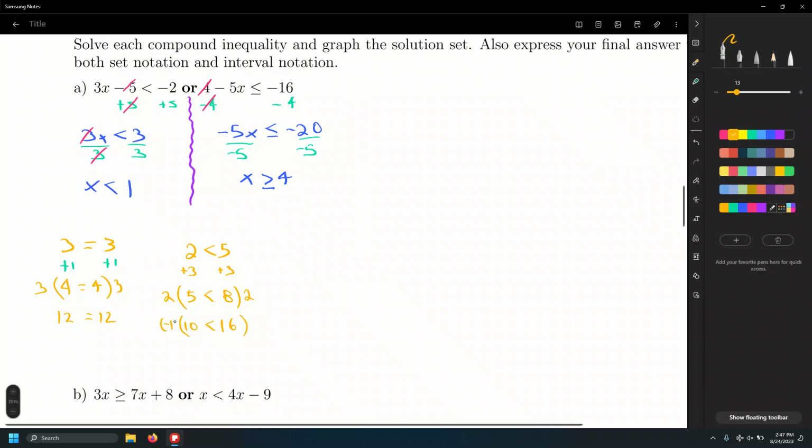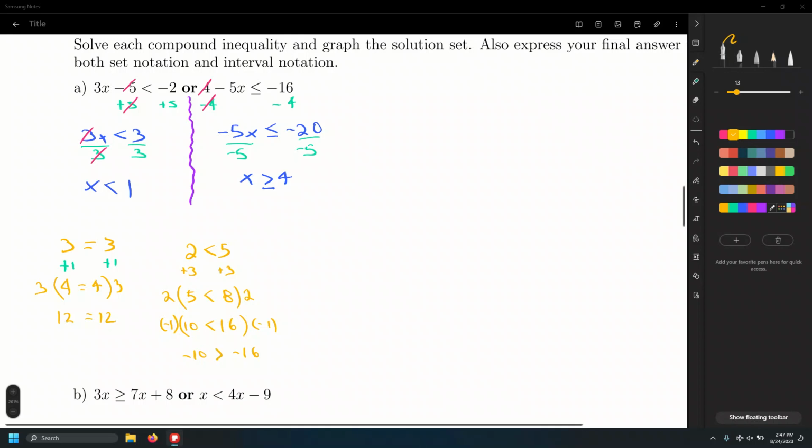what happens if I multiply by negative 1? I'm going to get negative 10 less than 16 times negative 1, which is negative 16. Is negative 10 less than negative 16? So what do we need to do in order to keep the integrity of the true statement? Flip, reverse the inequality symbol.